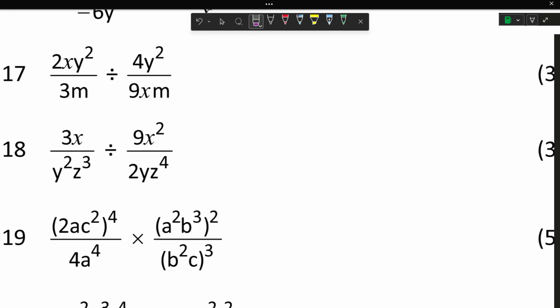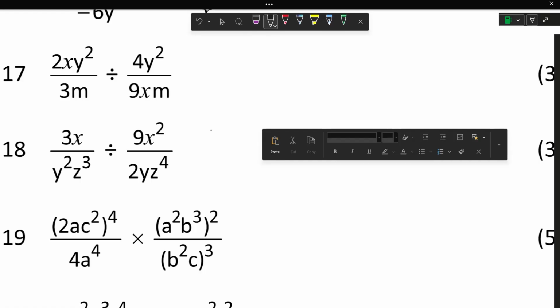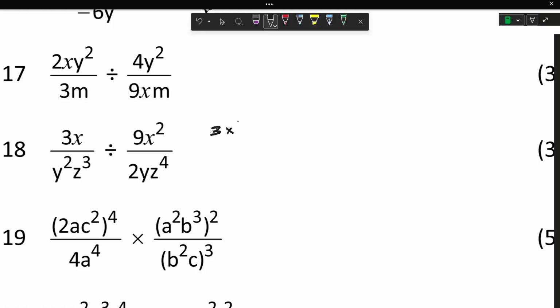Let's have a look here. We've got to do the same keep change flip. So 3x over y squared z cubed times 2yz to the 4 over 9x squared. So we can see that we have this x up here, and what do we want to do here?